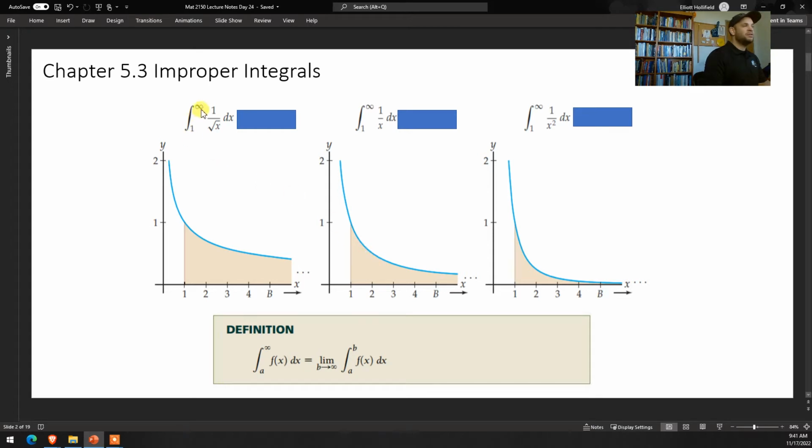And we are asking the question, if we consider this graph as x goes to infinity, do we capture a finite or an infinite amount of area? What we'll do is derive a rule which tells us for these types of power functions, here the power is 1/2, here the power is 1, and here the power is 2, how big the power needs to be in order for these types of integrals to be finite.